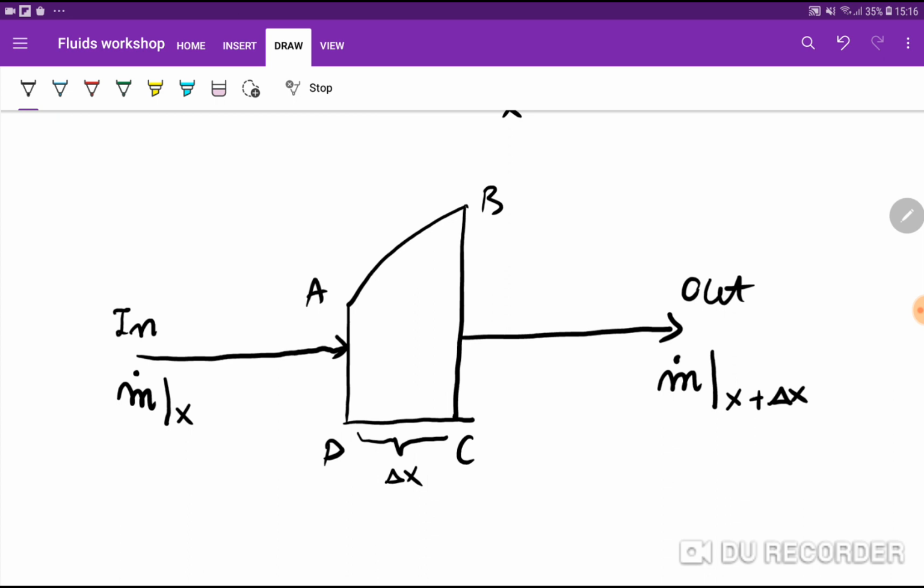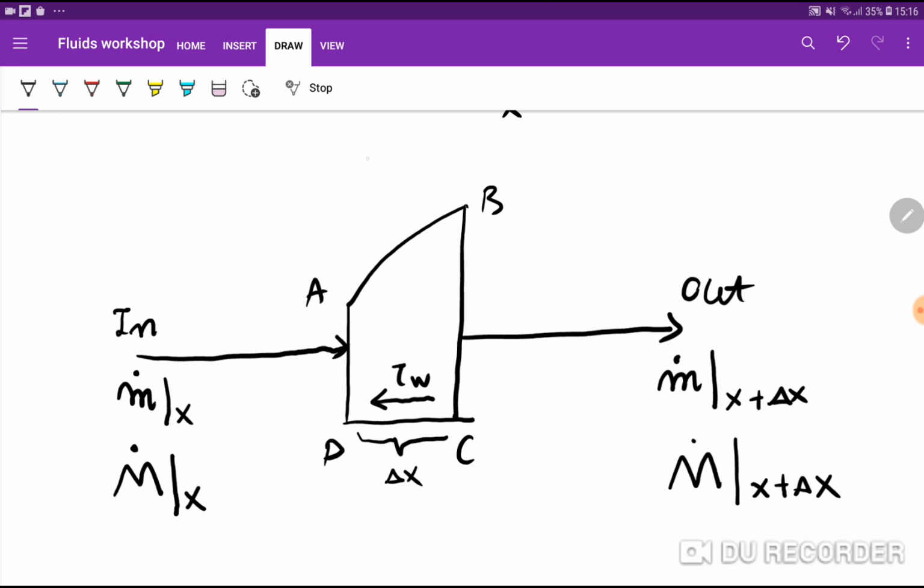Similarly with mass, you also have momentum coming in. I will denote it by the capital letter M dot at x, and leaving is M dot at x plus delta x. Of course, we also have the shear stress tau w acting in this direction. And on the top, where usually you think about a constant thing, yes, we do have a force interaction there.